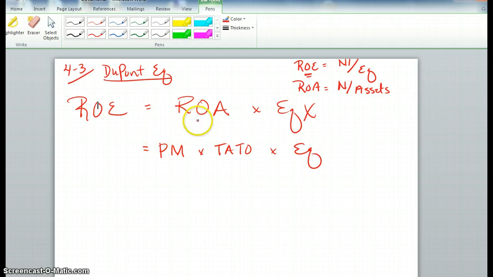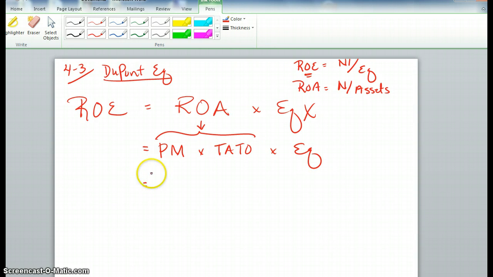So what they are saying is return on assets is actually equal to profit margin times total asset turnover. And return on equity is profit margin times total asset turnover times equity multiplier.